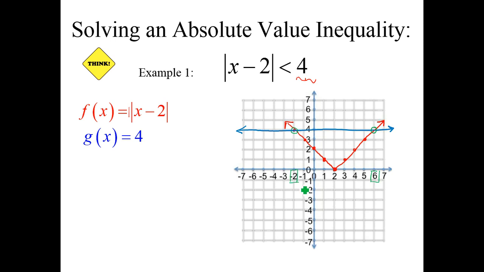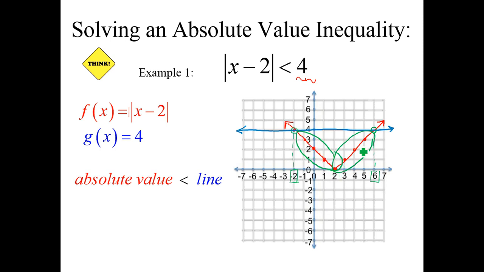But this time I don't want the equal sign. I want where the absolute value, the red, is less than the blue. So if we go back to where they're equal, you can see that the red is less than the blue between those points.